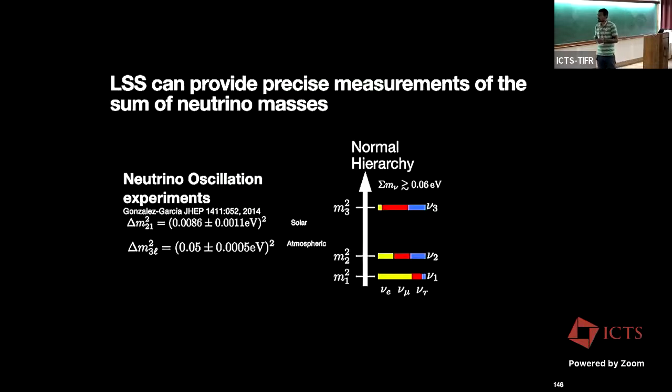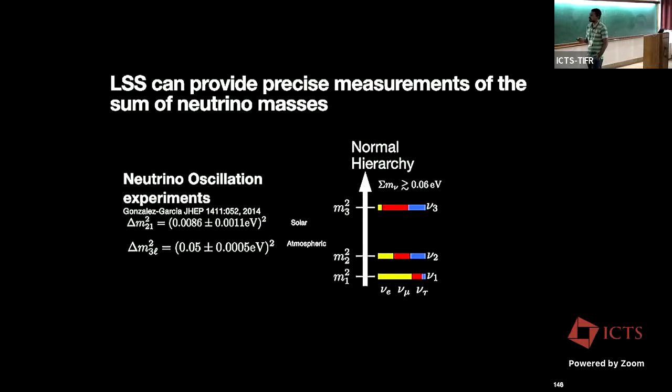So to give you a brief background, what is the problem we are trying to tackle here, right? We know that there are three flavors of neutrino, and there are three mass eigenstates. These mass eigenstates and flavor eigenstates are not the same, and so they are mixed with each other, because of which when neutrinos travel, they oscillate between different flavor eigenstates with respect to different mass or energy eigenstates.